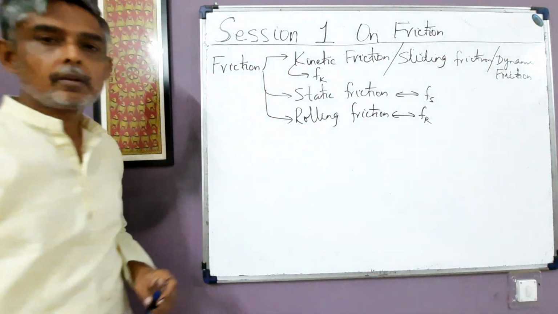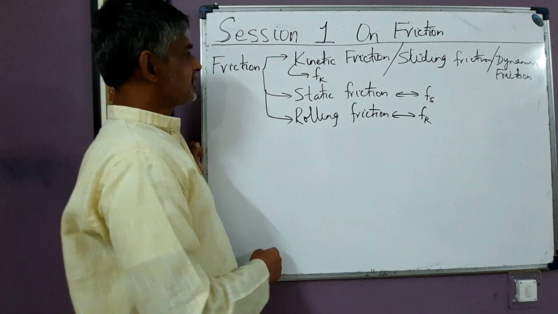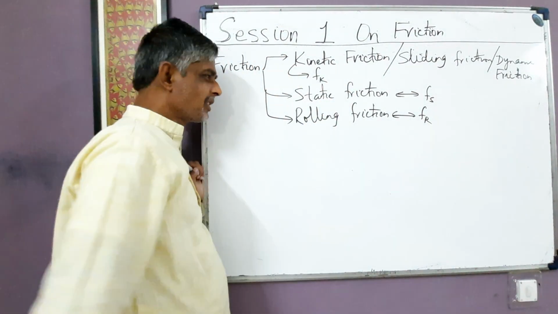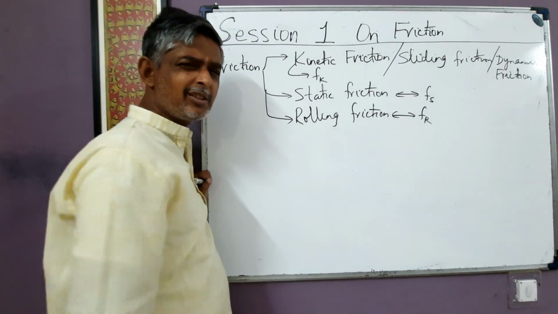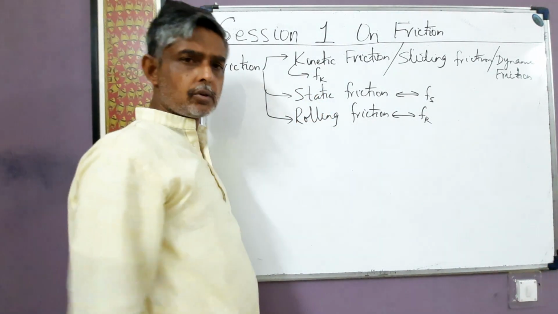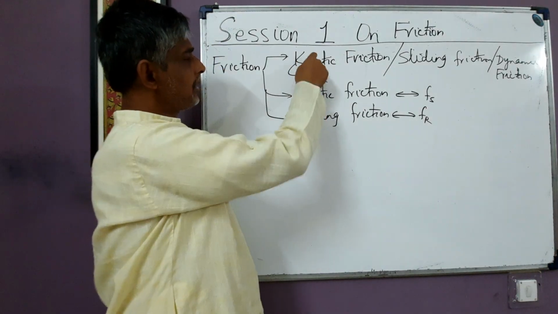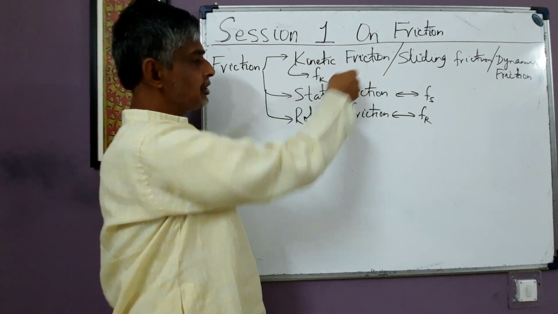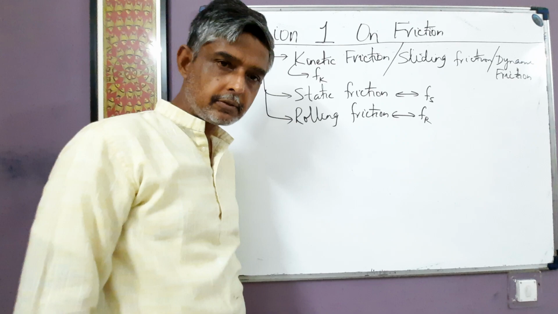But in this chapter, we will be interested only in these two, not this one. Questions are not asked on rolling friction. Questions are asked mainly on kinetic friction and static friction. So we will be interested in these two types of friction.